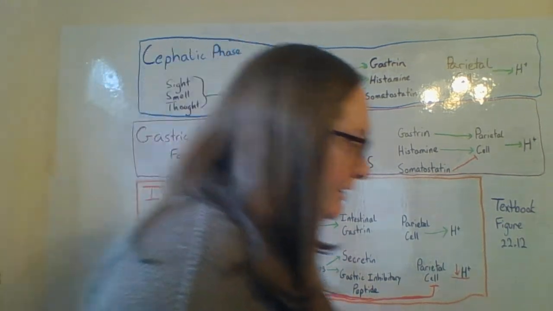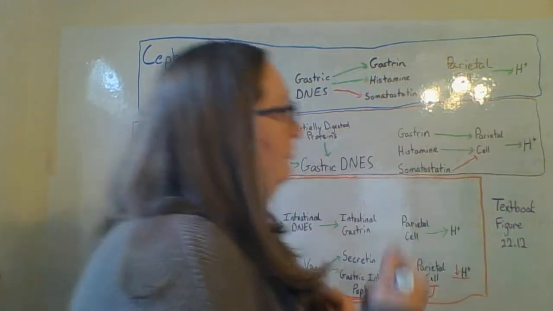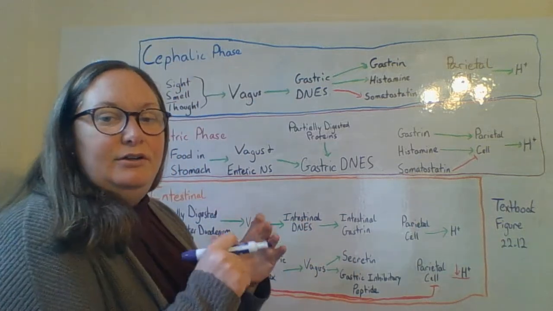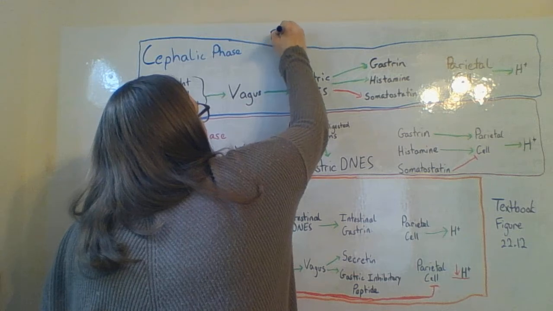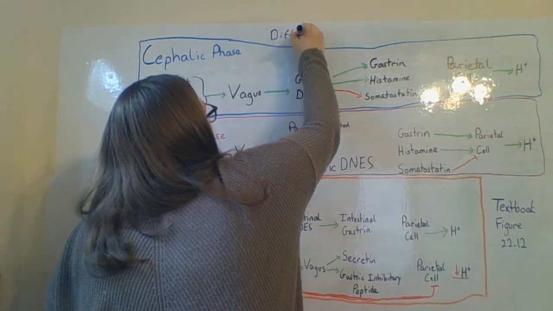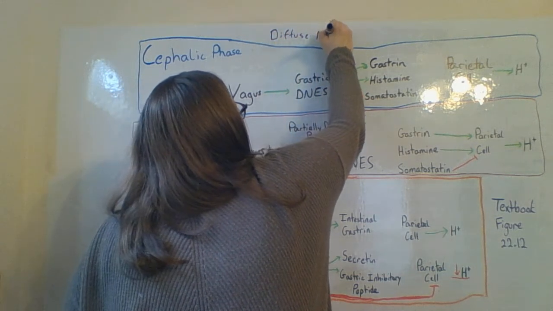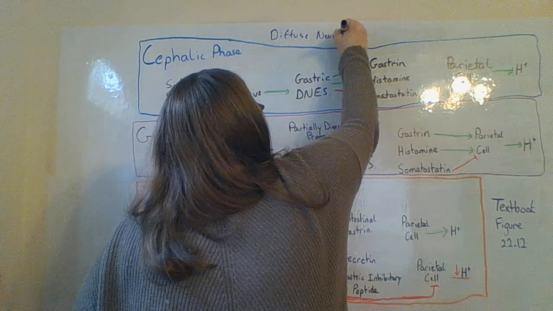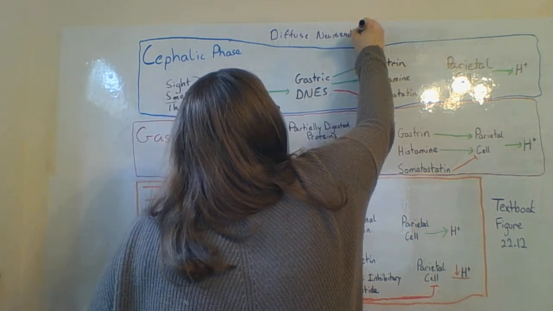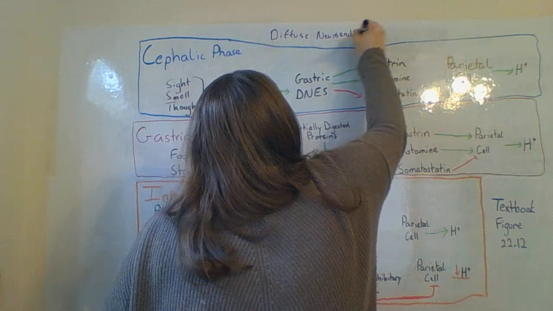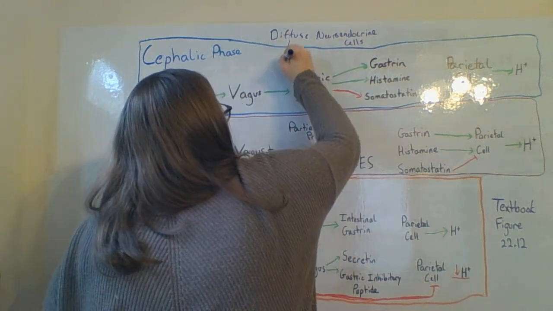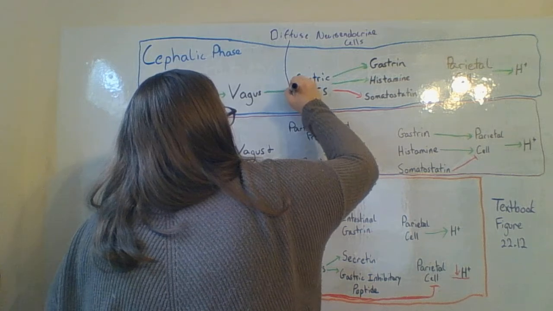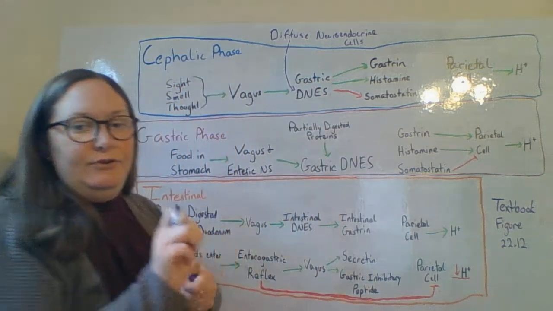Let me write that out for you. You've been talking about that with the cell types, right? But let me write it out. Diffuse neuroendocrine, DNES cells.